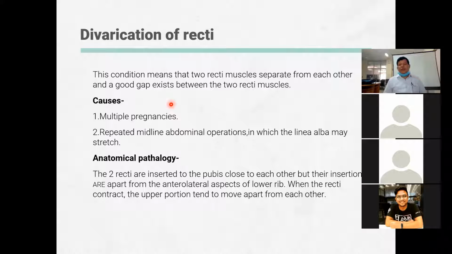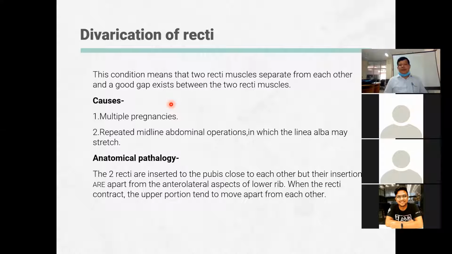These two muscles are attached to the pubic bone in close proximity at the lower edge, that is, their insertion is close, but they are quite apart at the lateral aspects of the lower ribs, mainly on the origin side. So the origin is from the lower ribs, where they are normally farther apart.